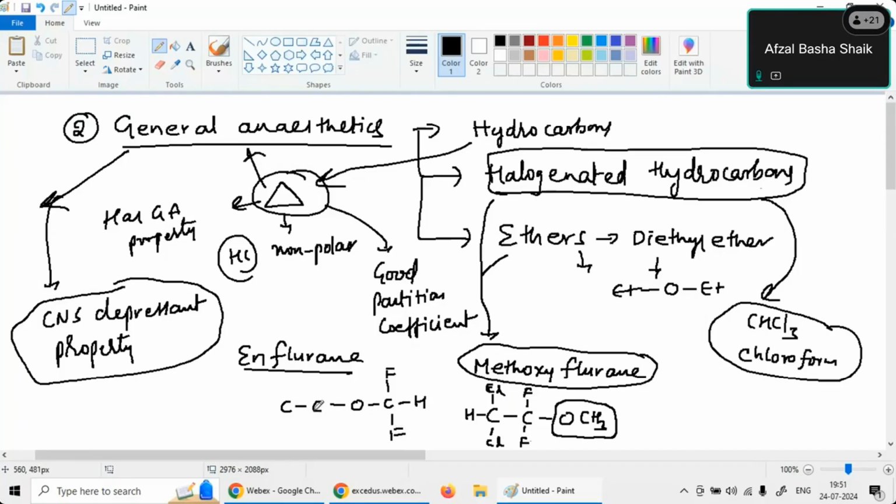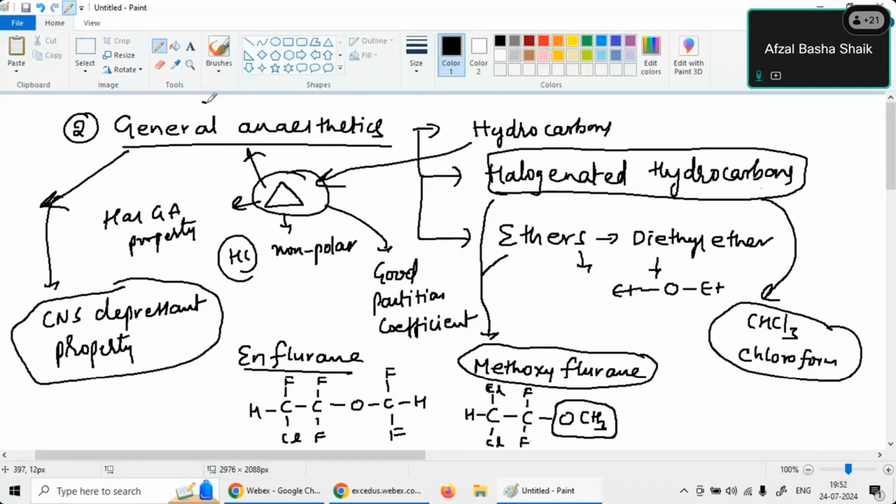And not only that, it also has fluorines again here, a fluorine, a chlorine, and a hydrogen, right? This is the structure of enflurane.